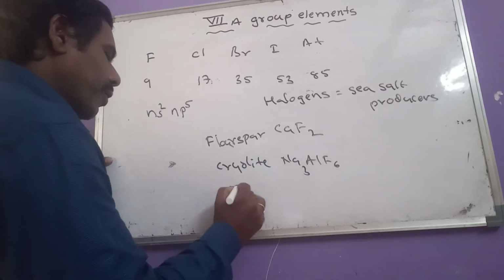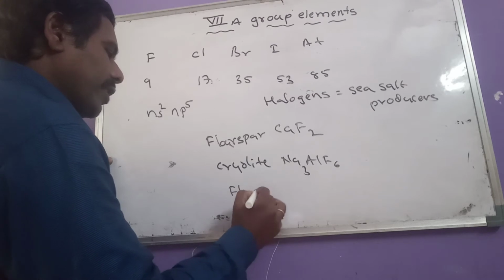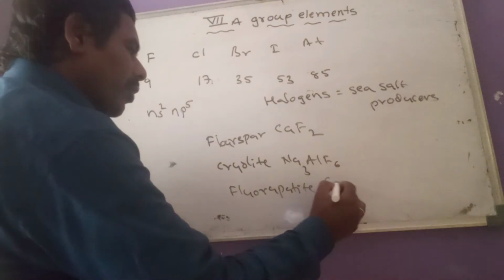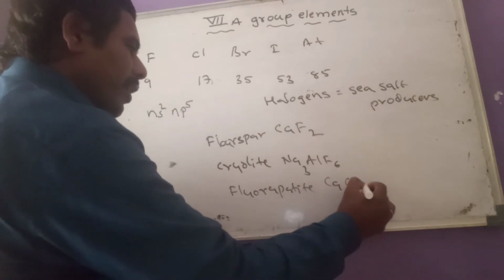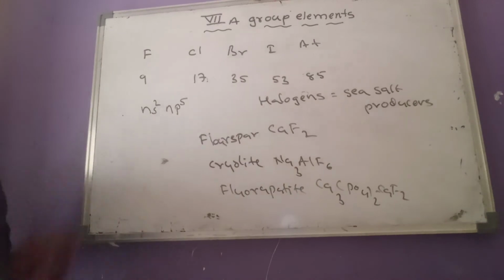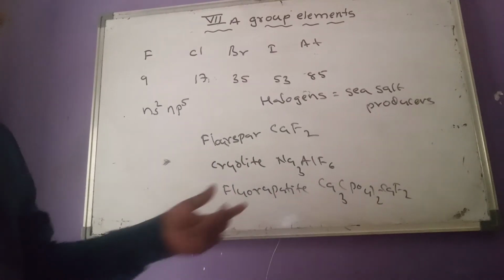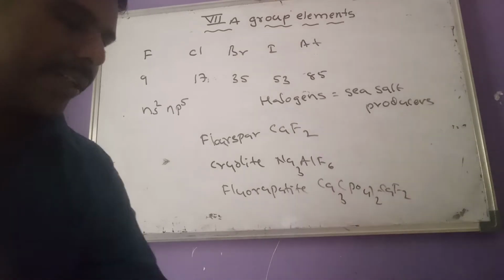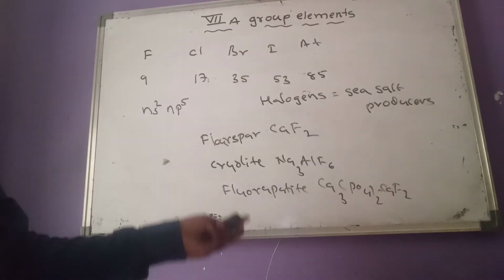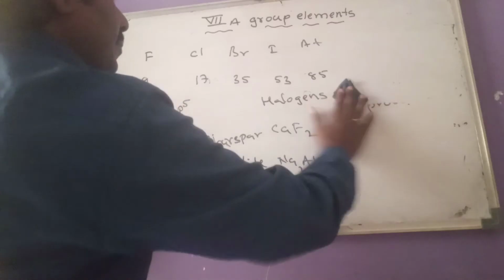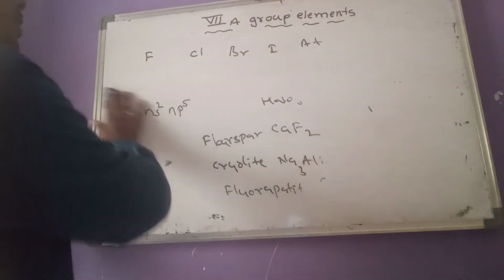And another important mineral is fluorapatite. Fluorapatite formula: Ca3(PO4)2 dot CaF2. So that is the formula of fluorapatite. So these are the important minerals of fluorine.